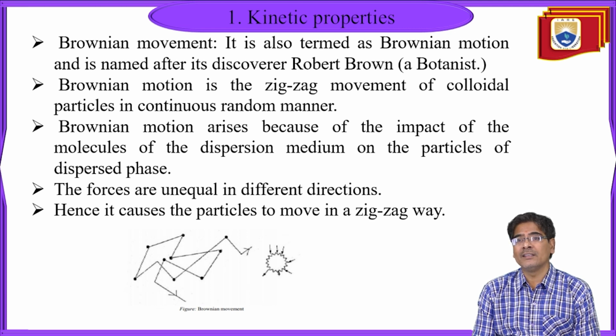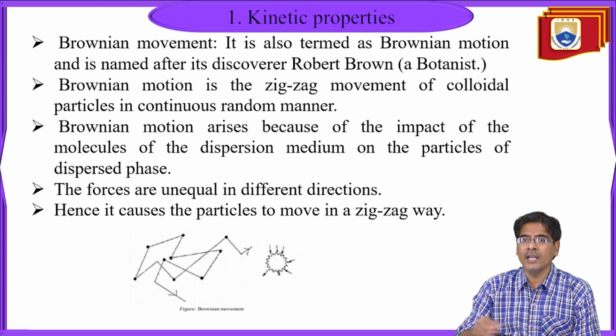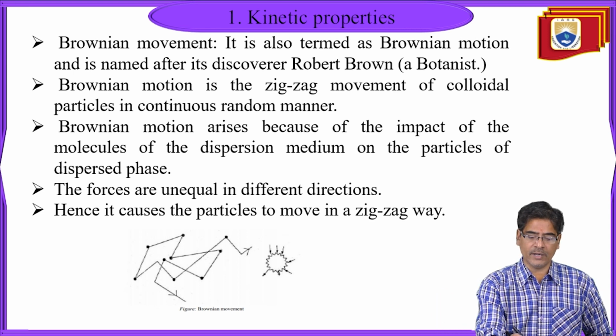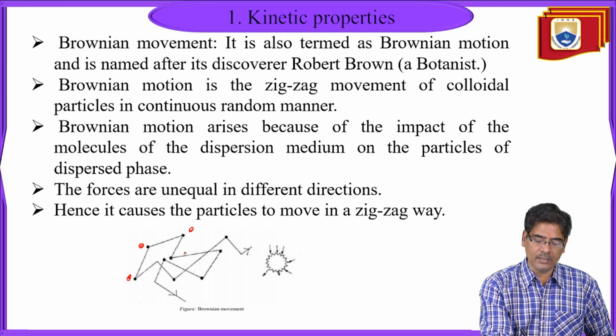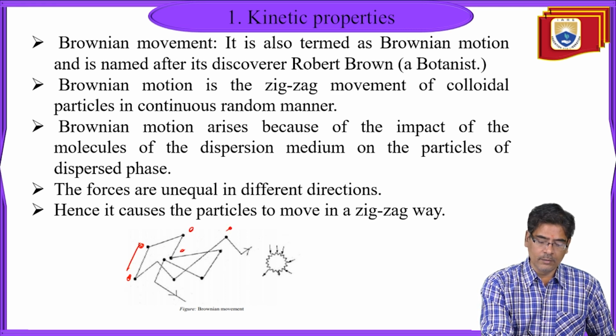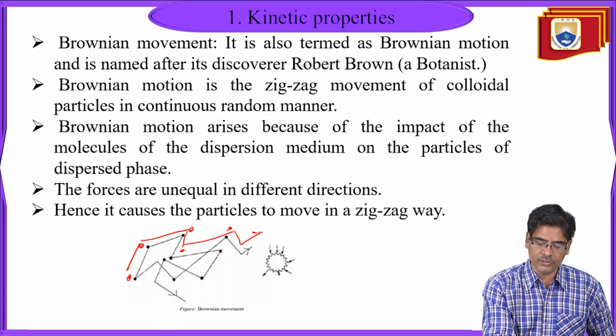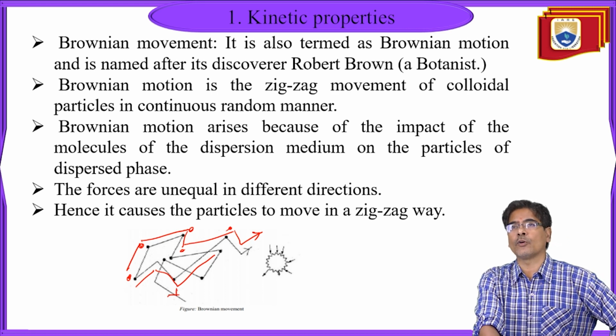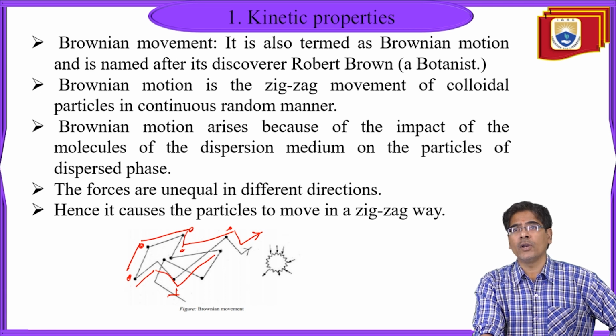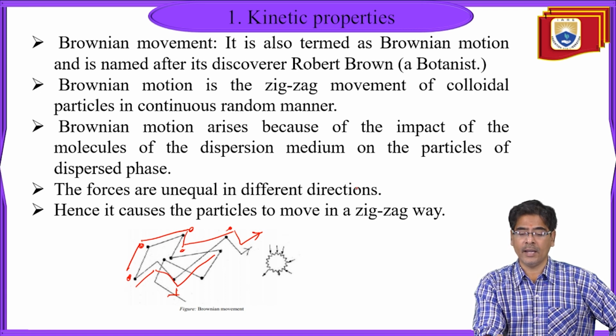If you see here, we have one particle here, another particle somewhere here, and the path followed by each one is a zigzag motion. That's what Brownian motion is: a zigzag movement of colloidal particles in a continuous random manner.